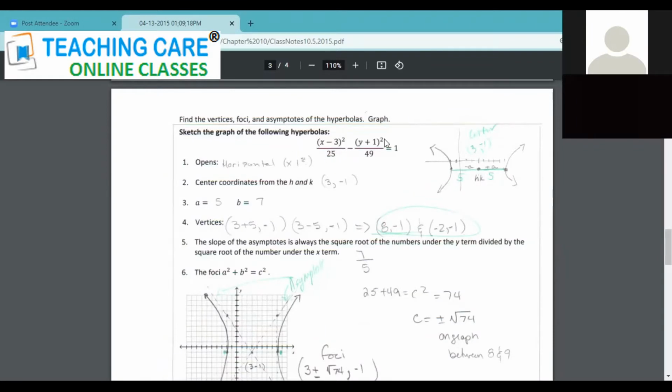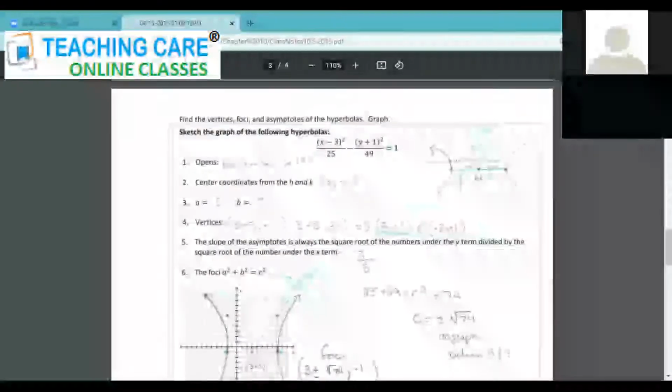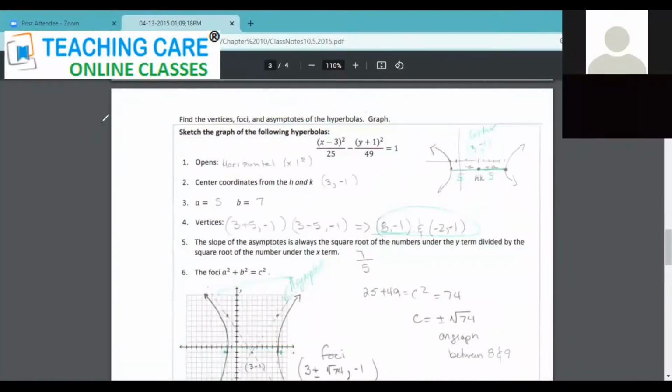You have h and k, and you can frame those out. So when it opens horizontally, you have to just mark out what h and k are. The formula is x minus h the whole squared over a squared minus y minus k the whole squared over b squared equals 1.